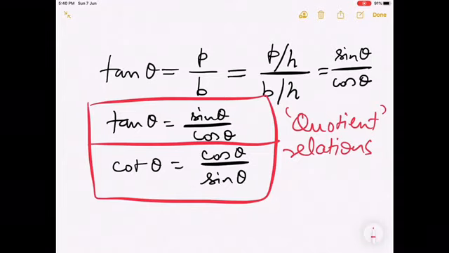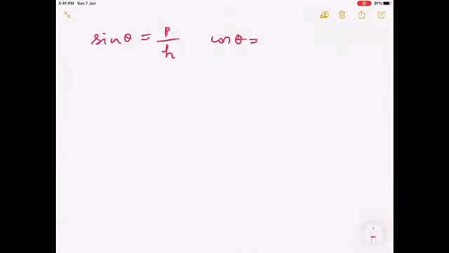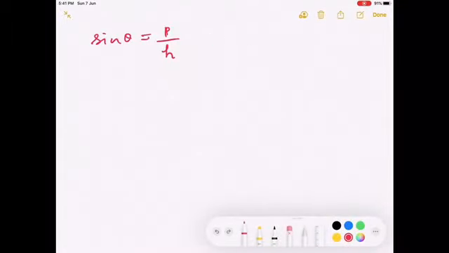Now let us consider a few more things here. Let us consider the ratio of sin theta and cos theta. Let me write down once again.